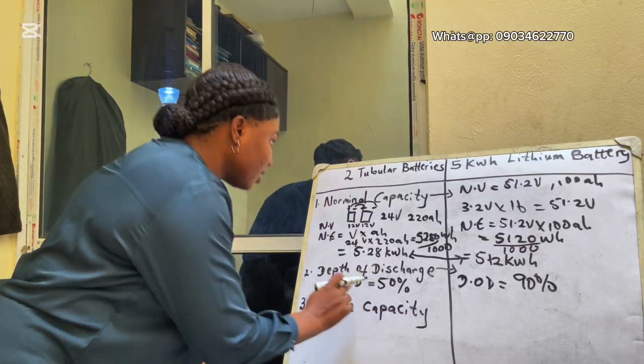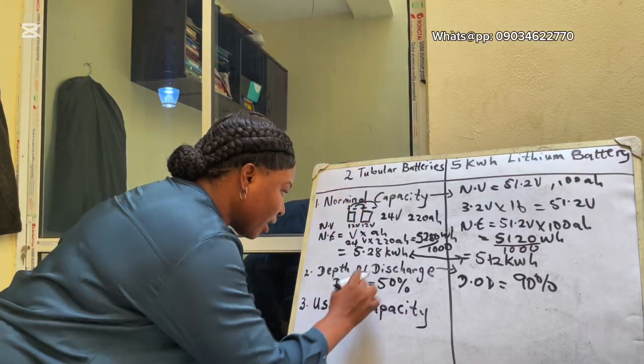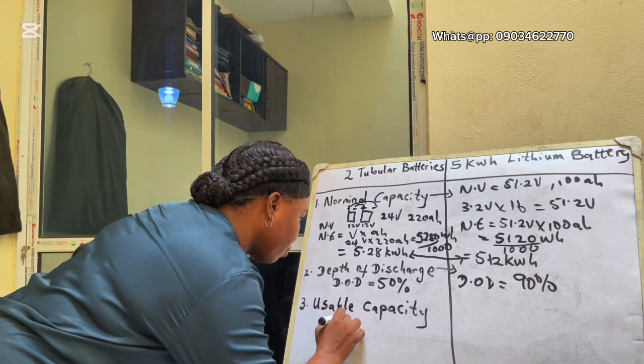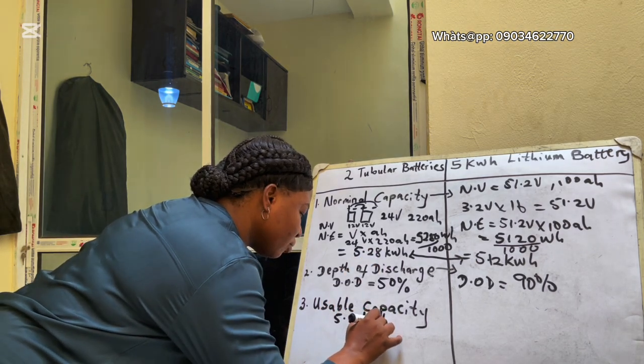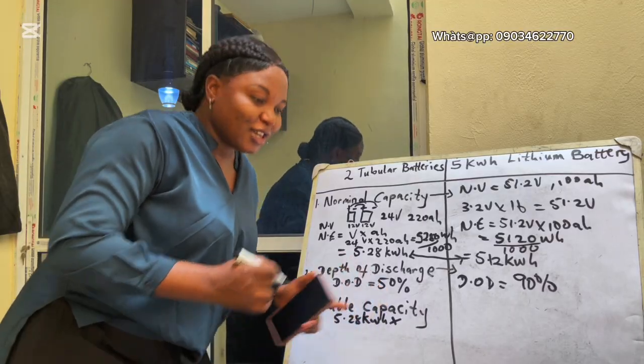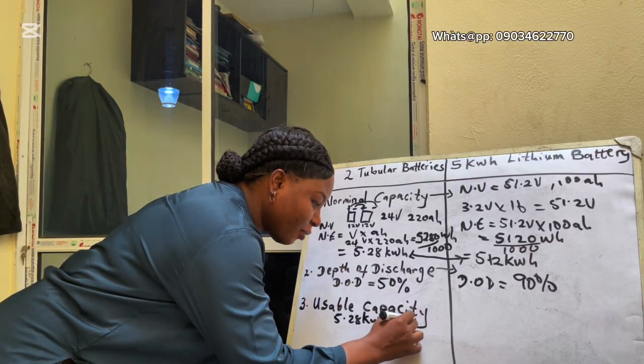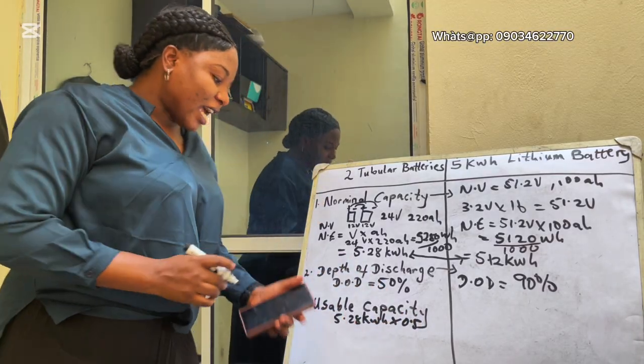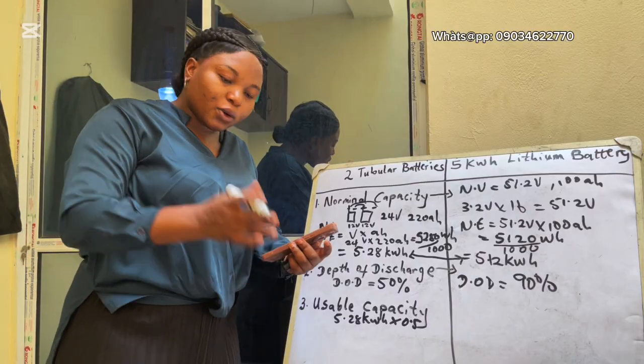The nominal capacity of these two tubular batteries is 5.28 kilowatt hour multiplied by the 50% depth of discharge, which is 0.5. I hope you are following. So this is just like dividing it into two.